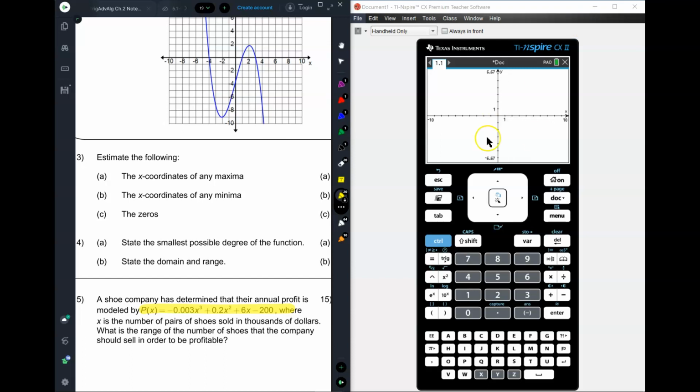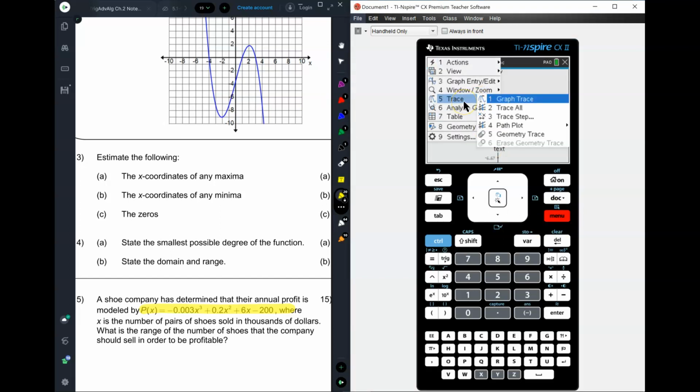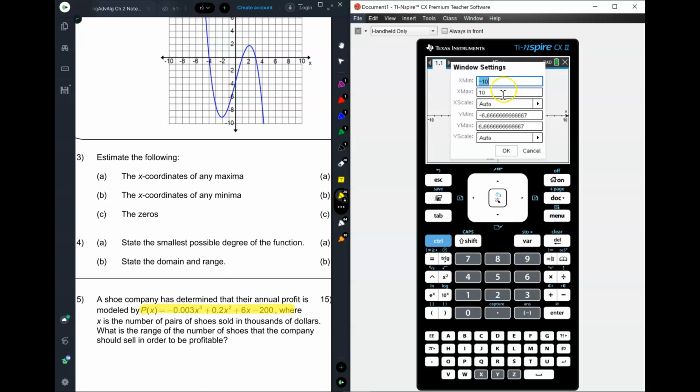Okay, so let's go to menu, window, zoom, window settings. For my X min, I'm going to put 0 for now. Let's just see where this graph is.